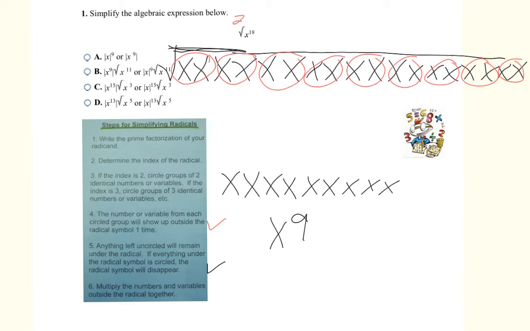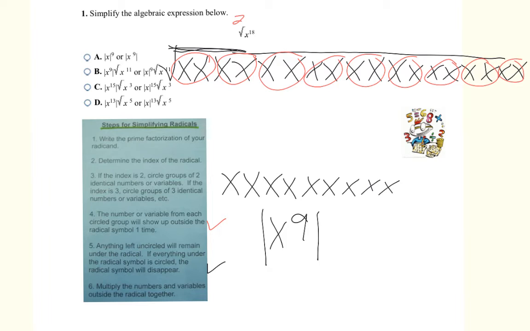Except that special case I said not to forget about, even, odd. I need to check. So here I have an even exponent under this square root, an even index because it's a square root, and then the exponent in my answer on that variable is odd. So even, odd. That means I need to put absolute value symbols around my answer.